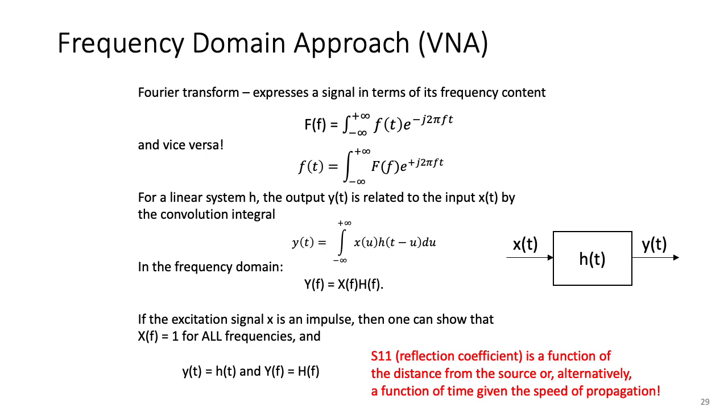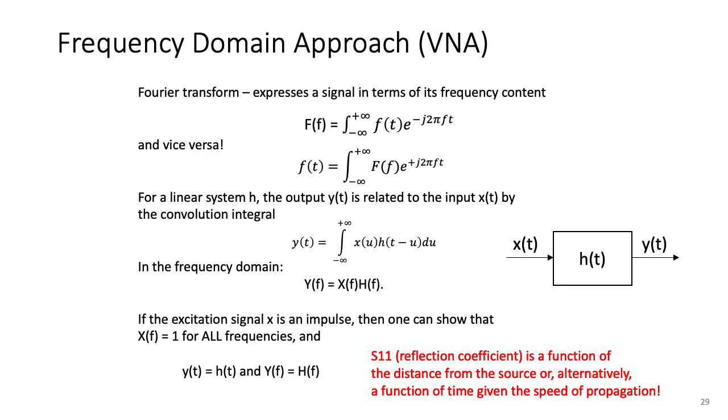Remember that S11, as we've measured it so far, has been in terms of frequency response. In other words, I look at the amplitude and phase of the reflection as a function of frequency. However, the frequency response can be converted into a time response through the Fourier transform relationship between time and frequency.